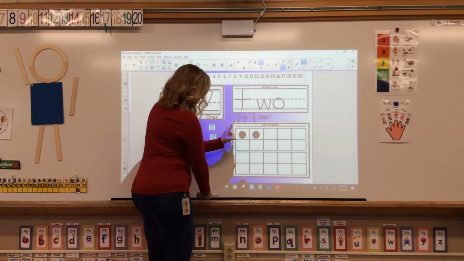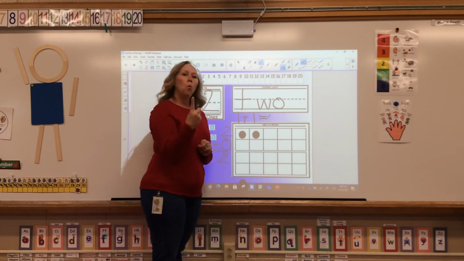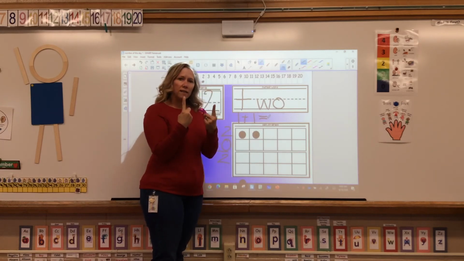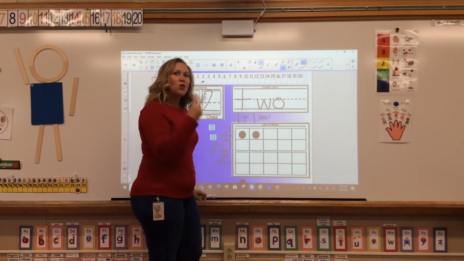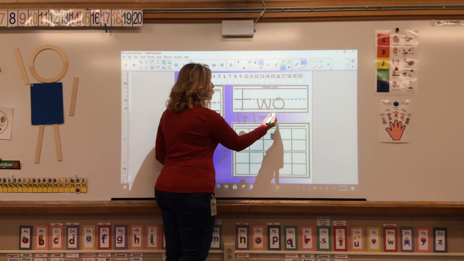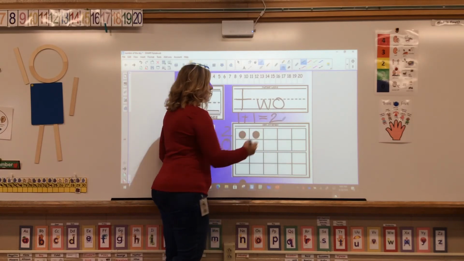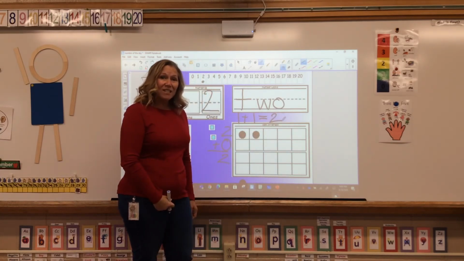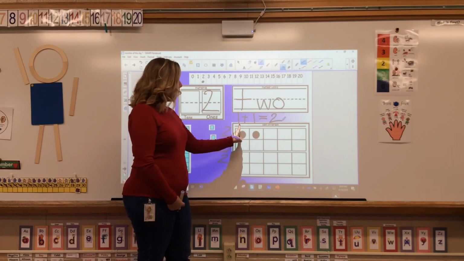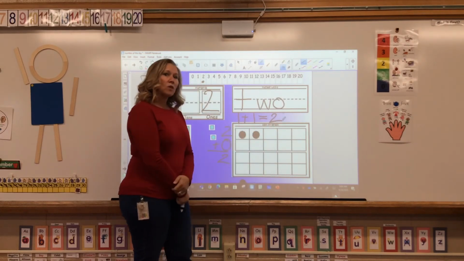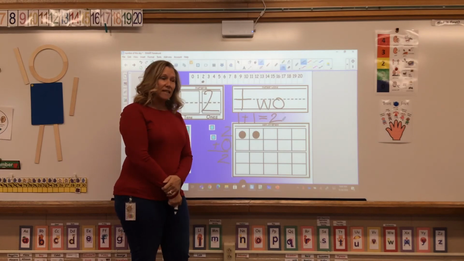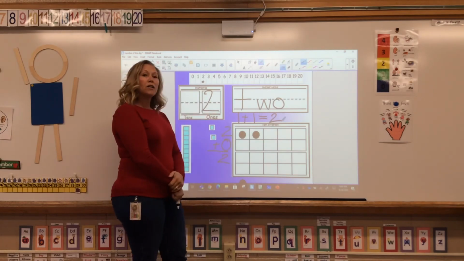So if we have, use your fingers if you have to, 1 plus 1 equals, how many fingers do I have up? 2, that's right, 2. So we're going to write the number 2 over here after equals because we just did another addition problem, my friends. 1 plus 1 equals 2. So our number this week is the number 2.